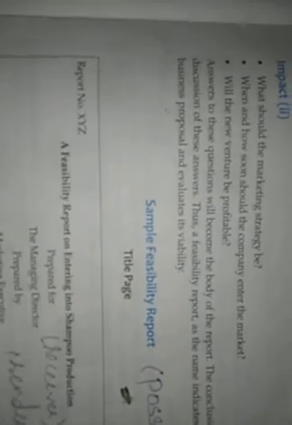What are the possible ways to introduce a new product in the market? Possibility should be considered compulsorily. As the name indicates, a feasibility report analyzes a business proposal and evaluates its viability. It's clear. So what is that?